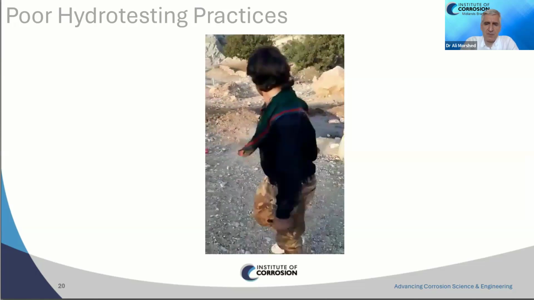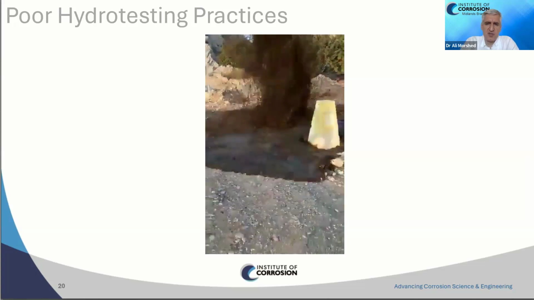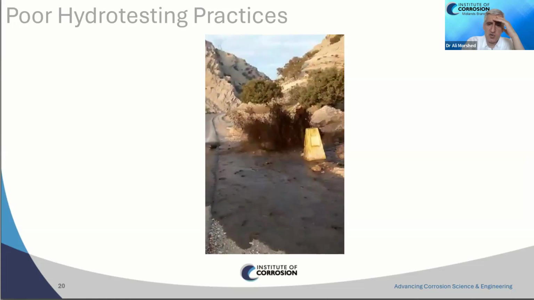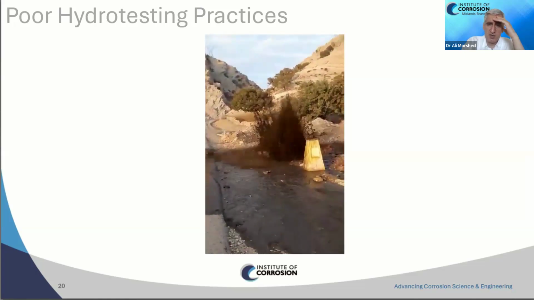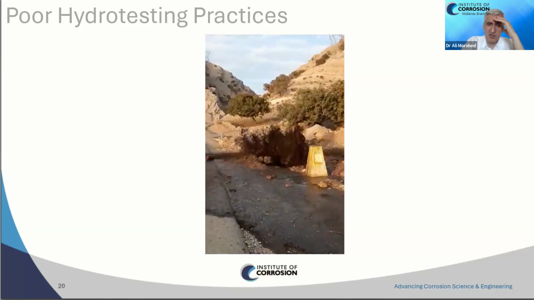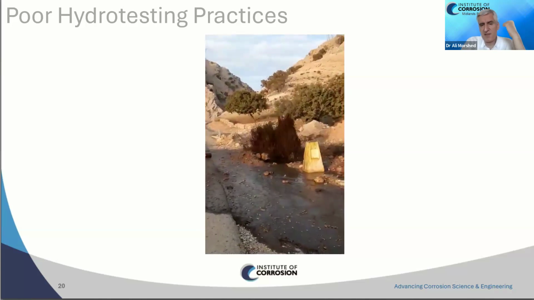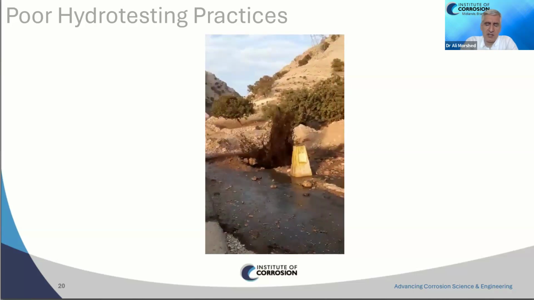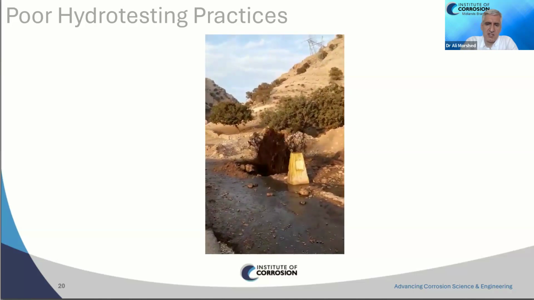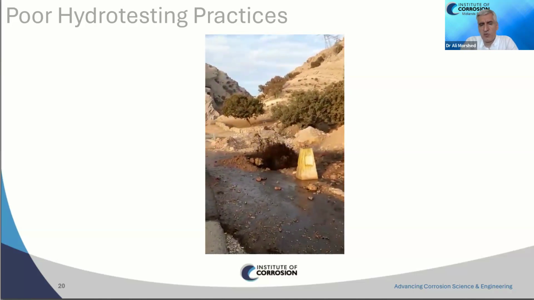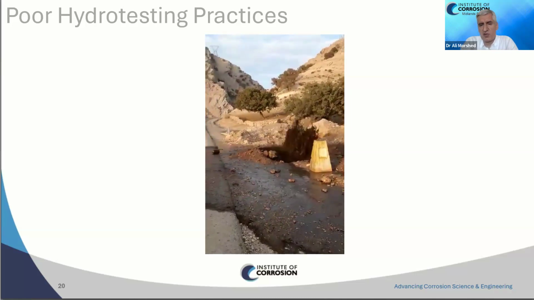See, opposite to the water which was coming out of the other pipeline, which was clear, you can see very brownish and dark water coming out of this pipeline, indicating heavy internal corrosion of the pipeline. And we realized later that the contractor had forgotten to remove the water after the hydrotest operation.